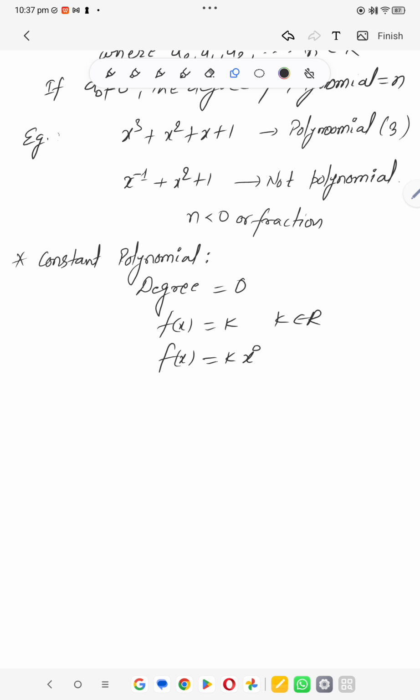Next one is the zero polynomial, f(x) equals 0. In this case the degree is not defined.